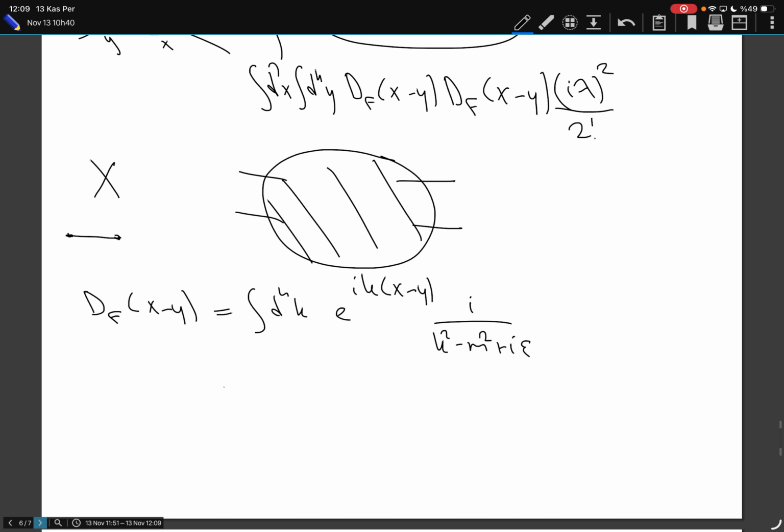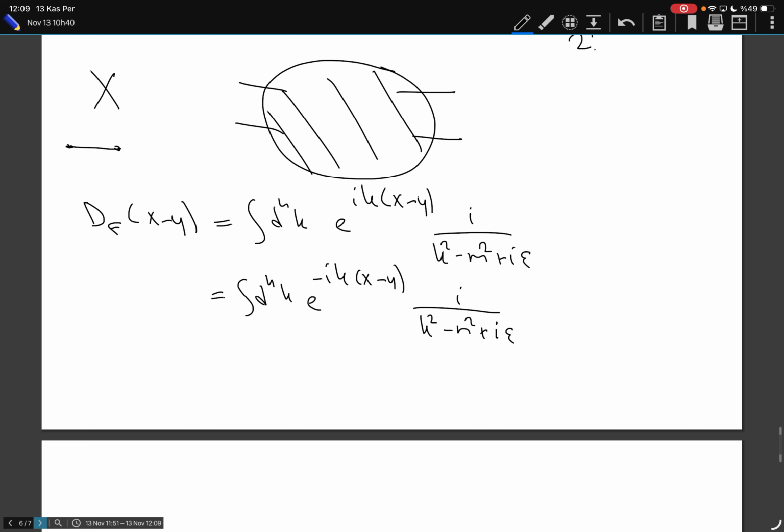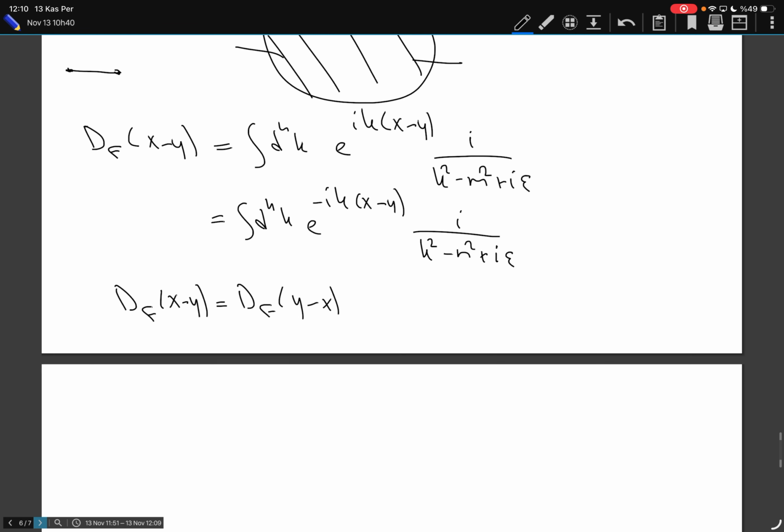And by the way, this is equal to the integral d4k, e to the power minus i k (x minus y), i over k squared minus m squared plus i epsilon. I can just change my dummy variable k to minus k. The denominator doesn't change, the exponent changes sign. So this is D_F(y minus x). At least this is a property of the scalar theory. This is not in general true, but at least for the real scalar field, this is valid.